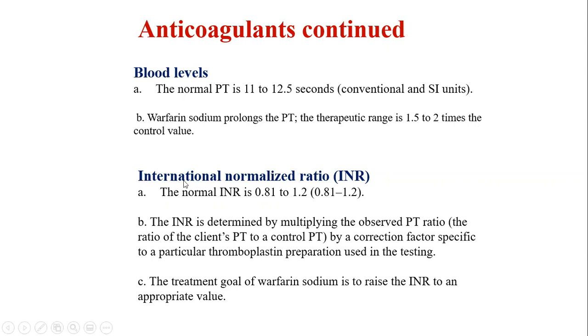International normalized ratio, shortly called INR, has a normal range of 0.81 to 1.2. INR is determined by multiplying the observed PT ratio by a correction factor specific to the particular thromboplastin preparation used in the testing.